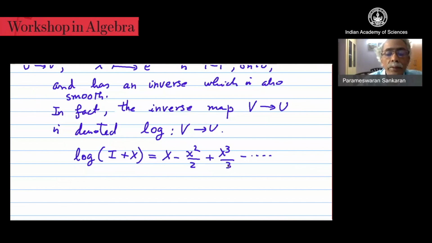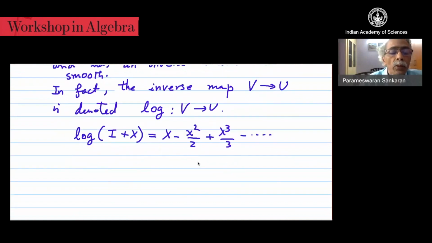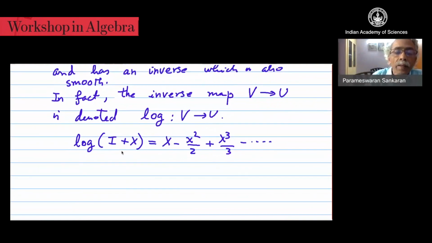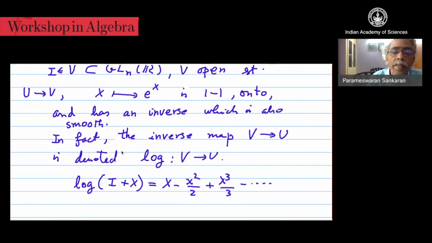So the inverse is called the logarithm. Log of 1 plus x, the identity element I plus x, has this expression, but forget about actually getting an exact expression for this. A name should of course be log, because the other one was called exponential.